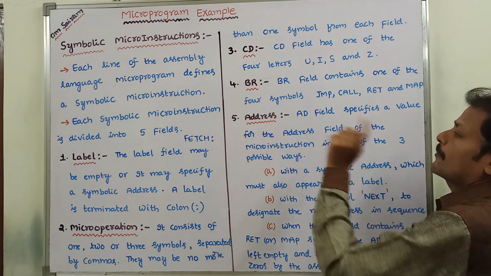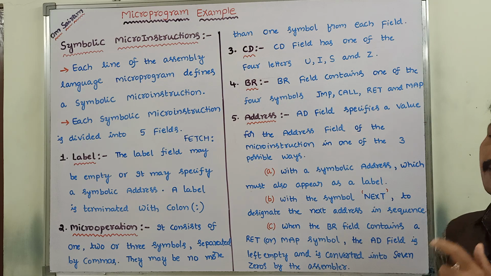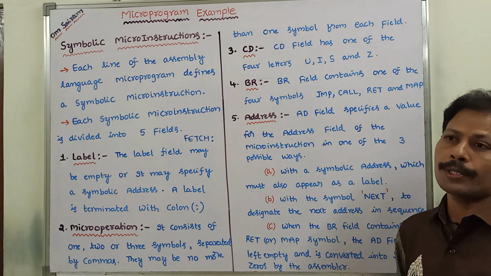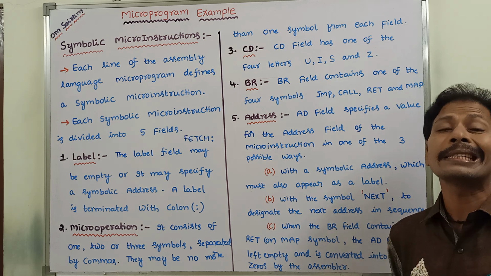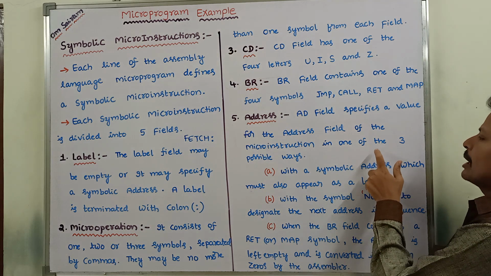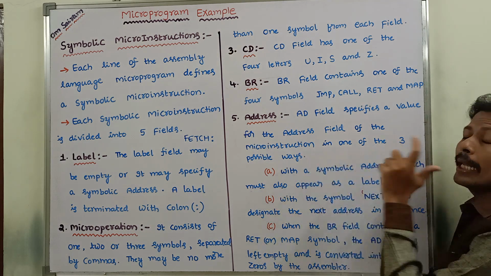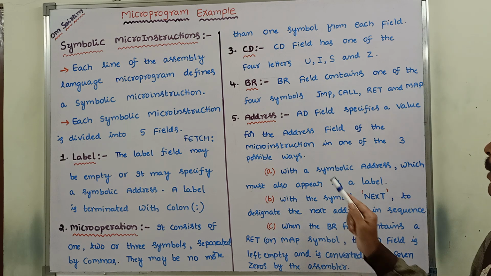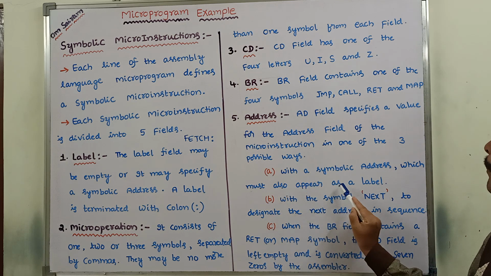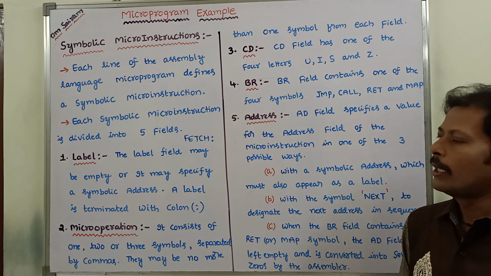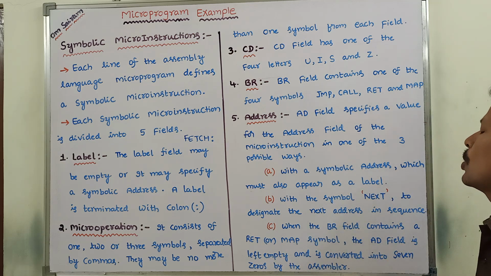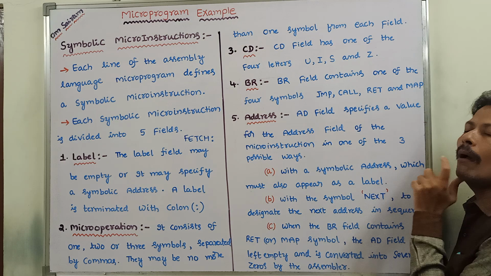Next one, address field. Address field specifies a value for the address field of the microinstruction. Address field always contains the address value. It may contain it in 3 possible ways. First one is with a symbolic address which must also appear as a label. If the address field contains some symbolic address, it must also appear as a label.